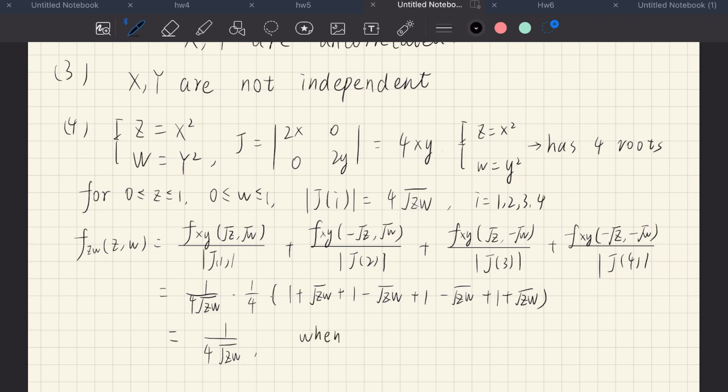When Z is less than 0 or Z is greater than 1, and W is less than 0 or W is greater than 1, the density function of ZW should be 0.